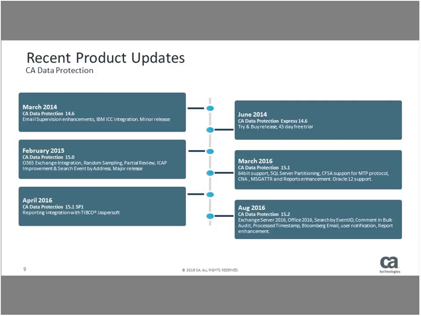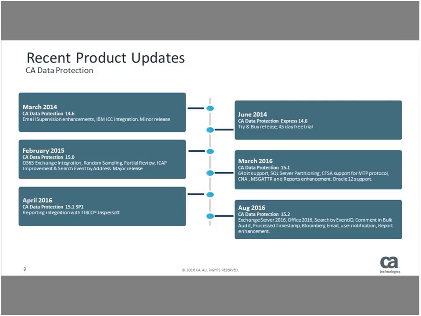Data Protection 14.6 came in March 2014, which has features like supporting Exchange Server 2013, along with supporting IBM ICC collector. It has other features like iConsole duplicate event rollup, regionalized policy engine lookup, and applying policy on send on behalf of user. So it was a minor release.